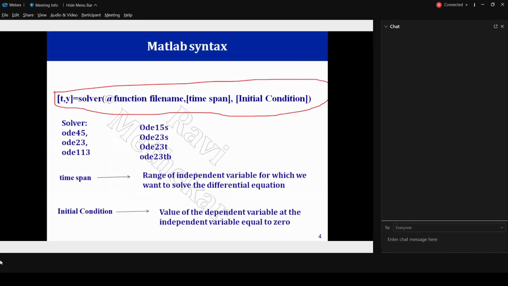Now, MATLAB has the syntax for solutions of these ordinary differential equations.